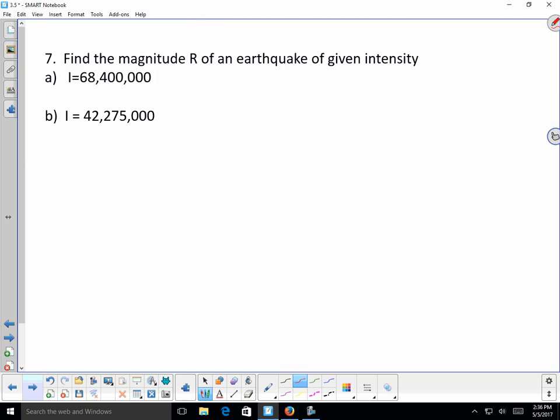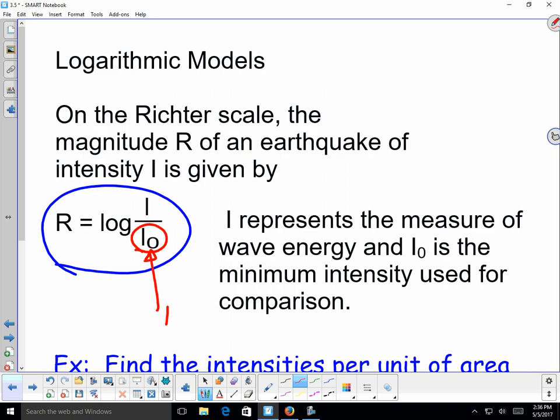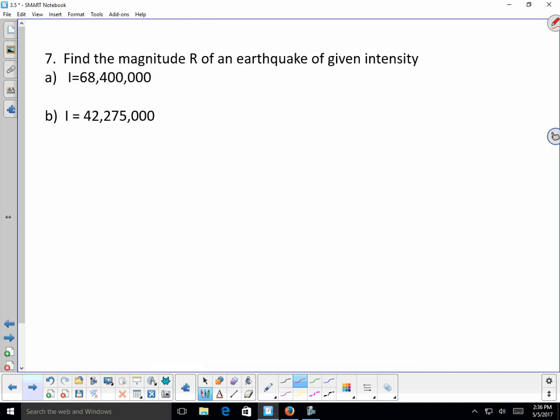Is this it? Yeah. Okay, it says find the magnitude R of an earthquake of the given intensity. So using R equals log I over I sub 0, but remember we're just going to plug in 1 for I sub 0. And we're going to plug in 68,400,000 here.